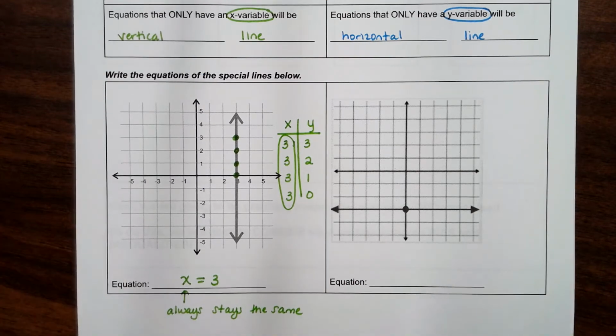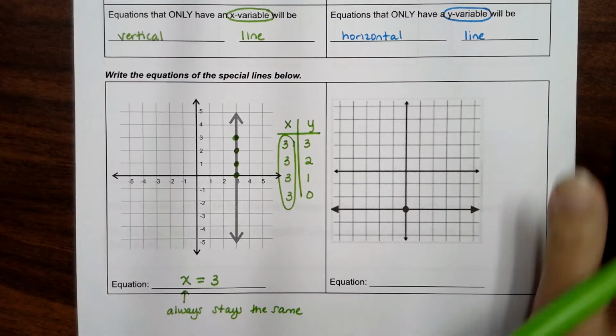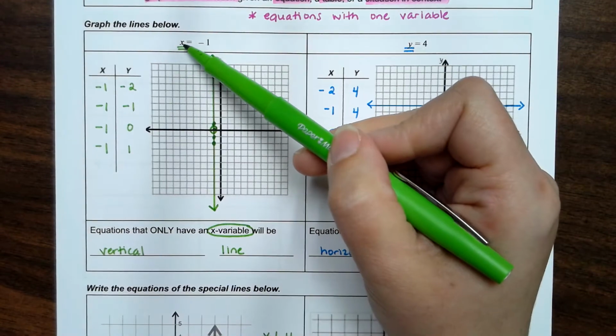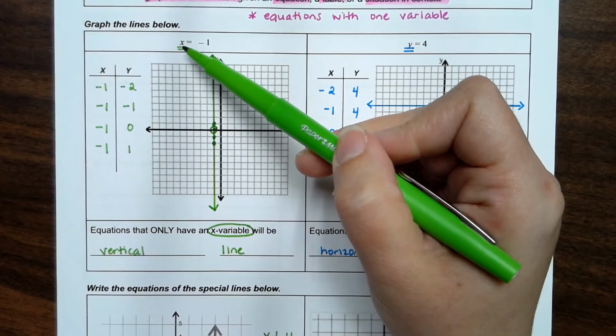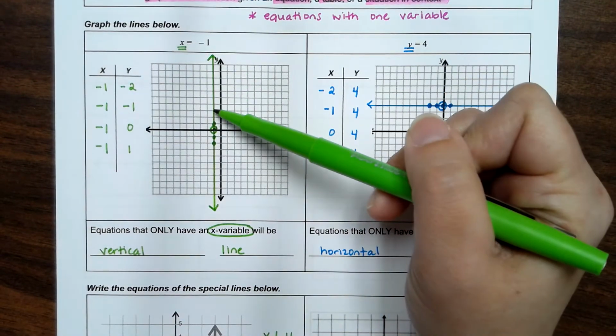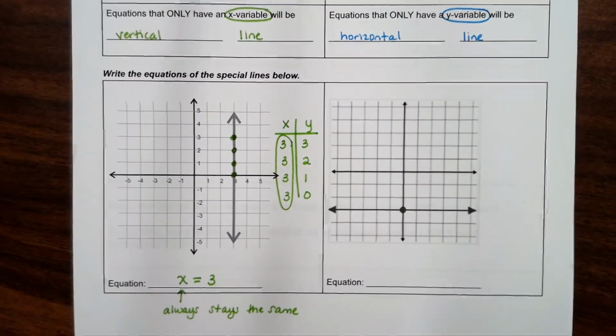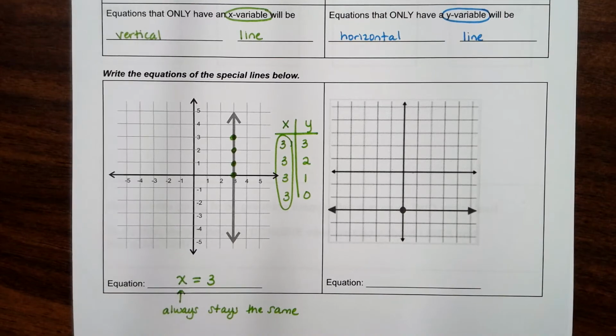It also makes sense that the equation would be x equals 3 because we just learned that if you ever have an equation that just has the variable x, you're going to graph a vertical line.